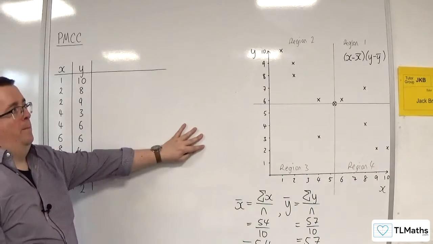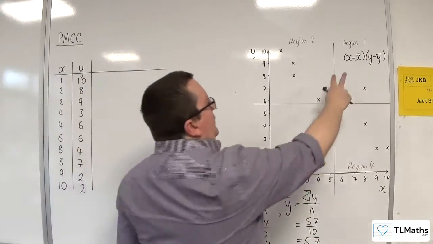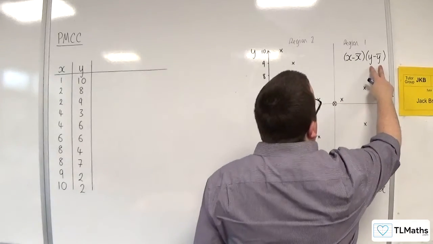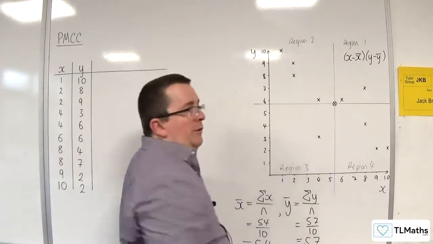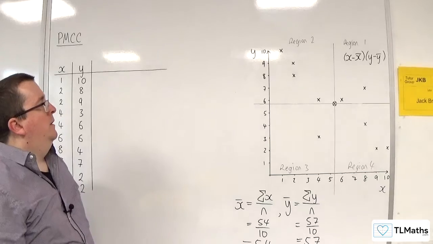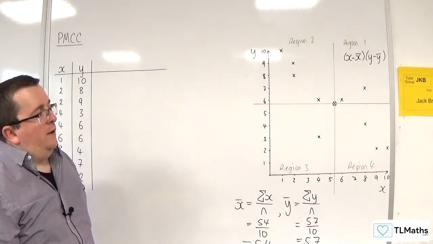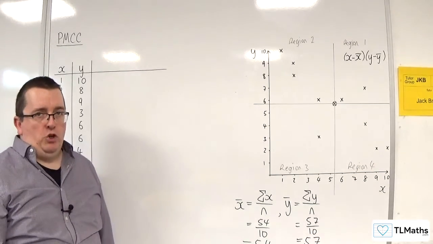So essentially we would get a positive value times a positive value, and so that would be a positive value. Okay, so we're going to do that for each of the 4 regions.